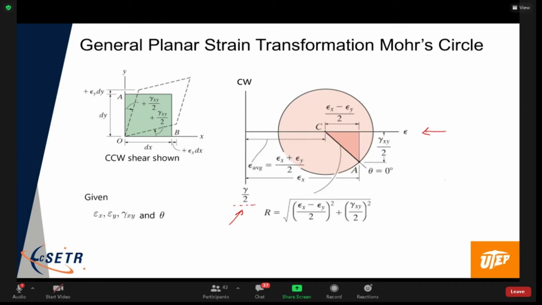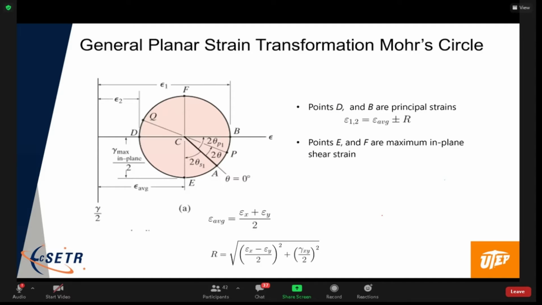And it's a circle whose center, again, is at the average normal strain and has a radius very similar to what we do for Moore's circle for stress, but instead of the shear stress squared, it's the shear strain over 2 squared, okay? So it's identical. And then, of course, you can probably imagine what's going to happen next.